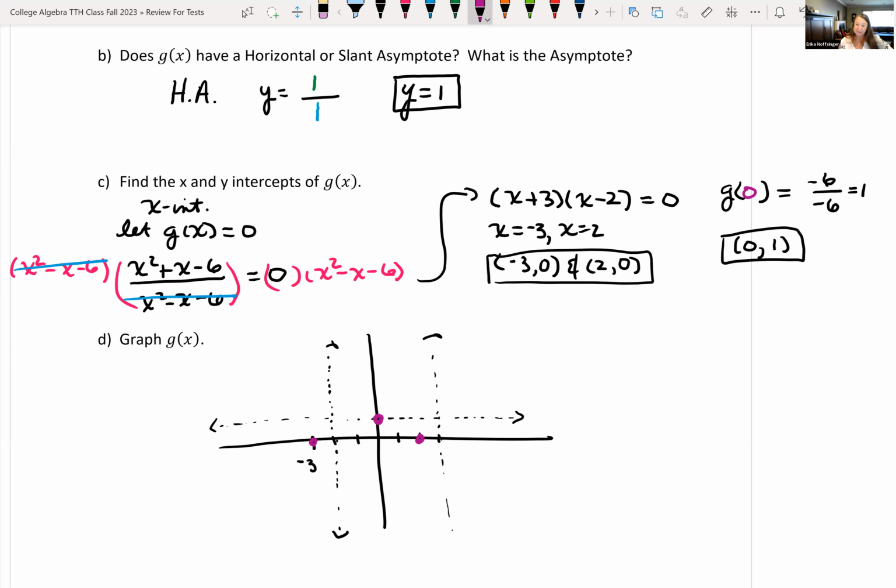My multiplicity of my zeros is 1. It's odd, so it's going to cross, it's not going to touch. Knowing where this vertical asymptote is, I know I'm going to have to be decreasing. Hit my y-intercept, hit my x-intercept, continue decreasing, and then hug those vertical asymptotes on each side.